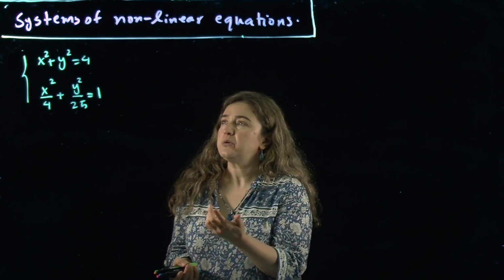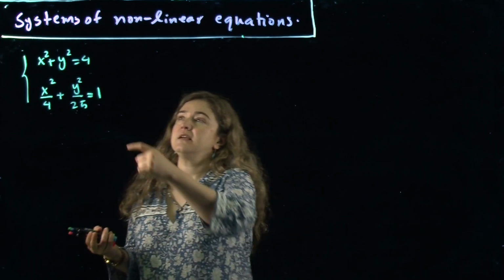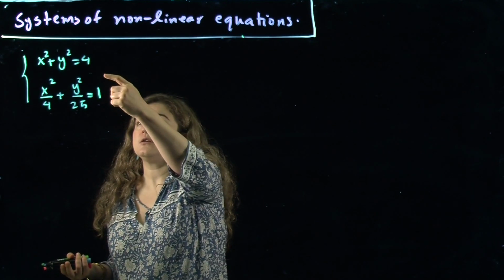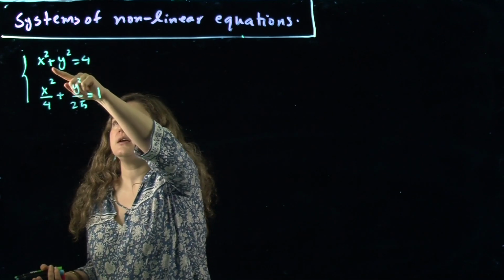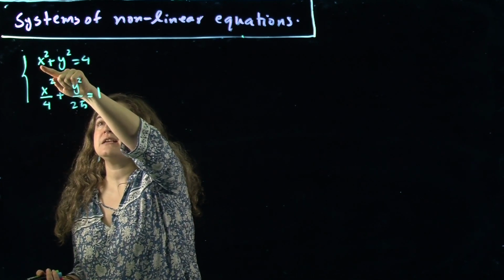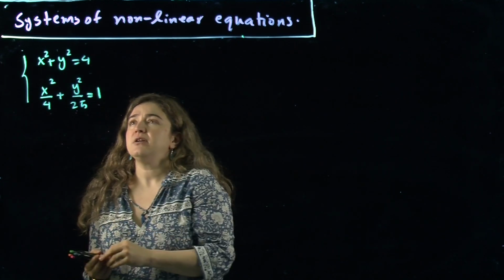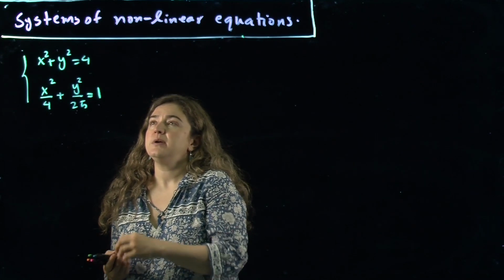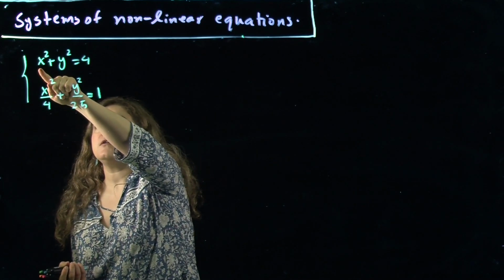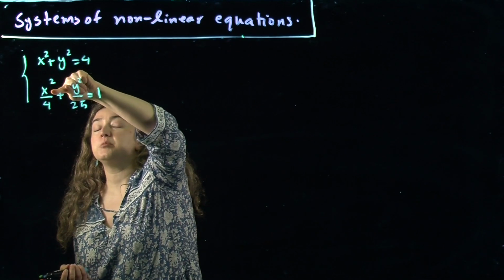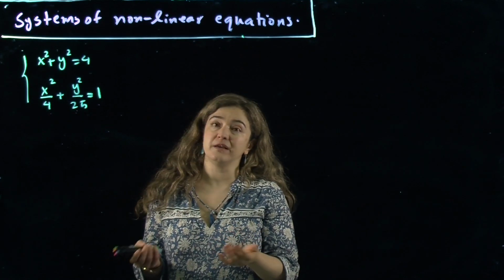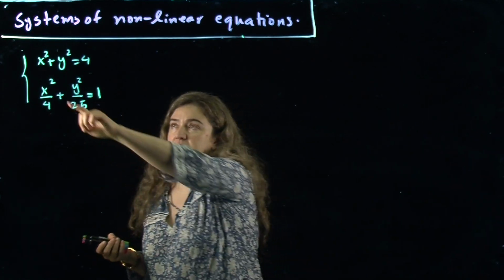So one way to eliminate is to, well, let's eliminate x between the two of them. How do I eliminate x between the two of them? I can solve for x squared in there and replace it in here. I think that would be the easiest one to do.